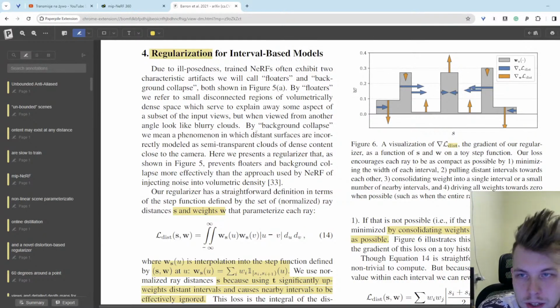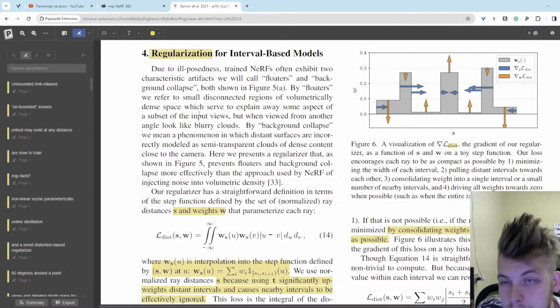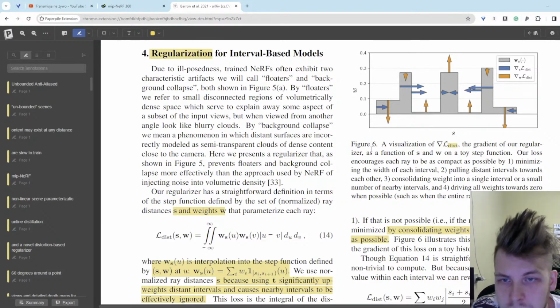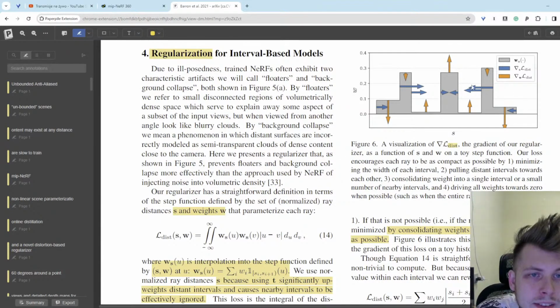They don't do what was previously done, adding noise to the densities. That's what they did before, right? It's discussed somewhere here. Previously, in some results, they added noise to the density to eliminate the floaters, so that they have to be around these points in densities. But that would make far away points very blurry.